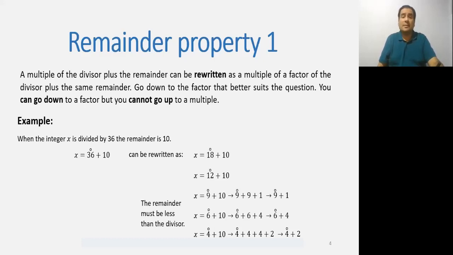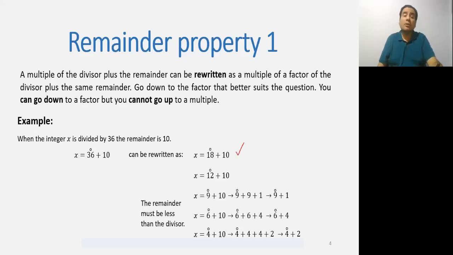When the integer x is divided by 36, the remainder is 10. We know now that we can represent x as a multiple of 36 plus 10, which in fact can be rewritten as this: x is a multiple of 18 plus 10. How is that possible?